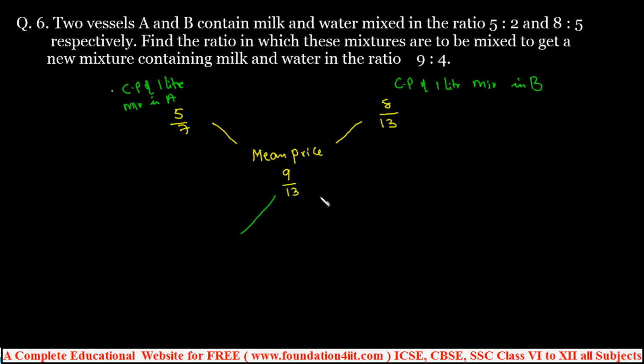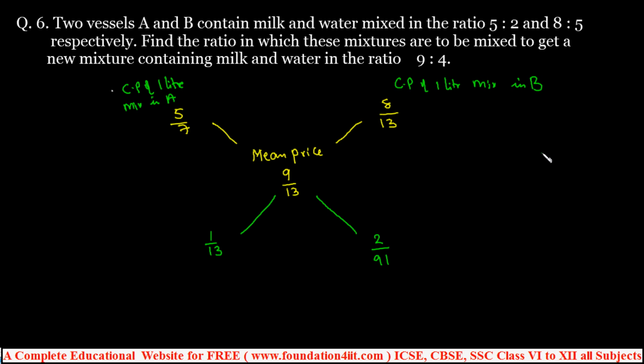Now according to the alligation rule, subtraction. So 9 by 13 minus 8 by 13, this minus this, that is 1 by 13. Here also 5 by 7 and 9 by 13. If you subtract, 2 by 91, because there is no common factor. Right? Now using this we can write. They are asking in what ratio this mixture is to be mixed to get 9:4.